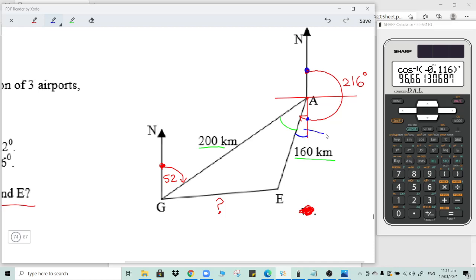So we can find this angle very easily. You just have to take 216 minus 180, and you will get 36 degrees. Right? Because 36 plus the 180 from south to north will give you back the 216.